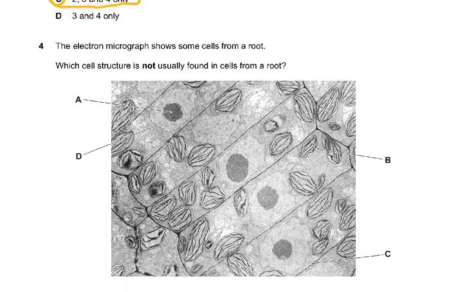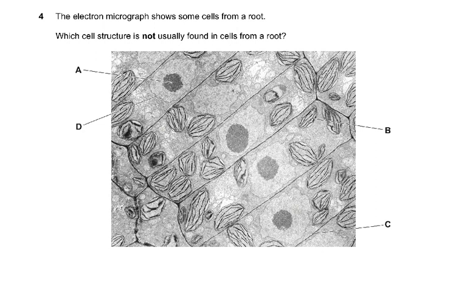Now coming to question number 4. The electron micrograph shows some cells from a root. Which cell structure is not usually found in cells from a root? Let's look at A. You can see this is the nucleus. This is the nucleolus. Then D is the nuclear membrane.